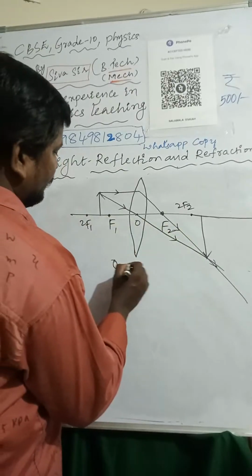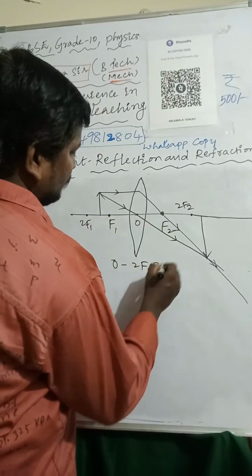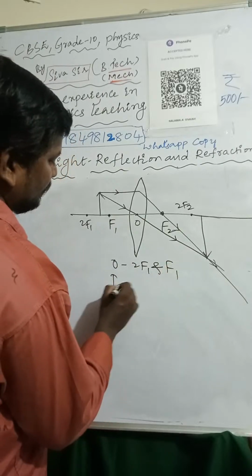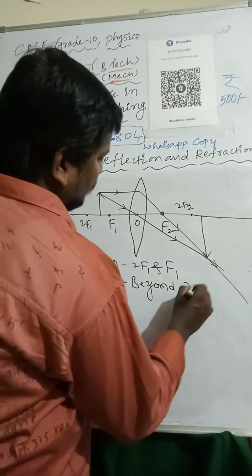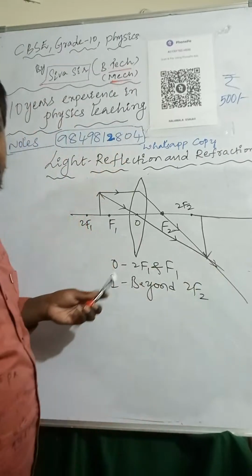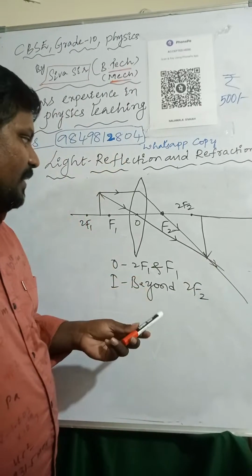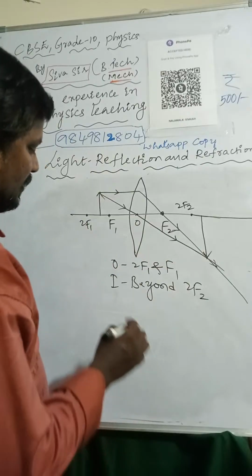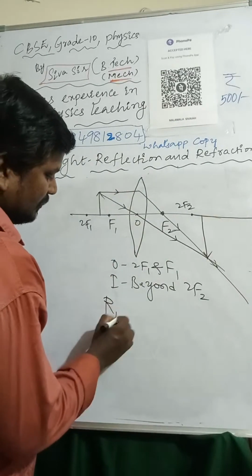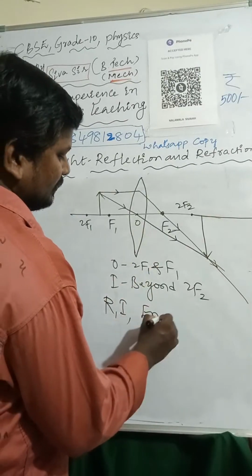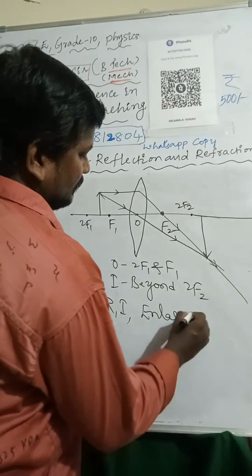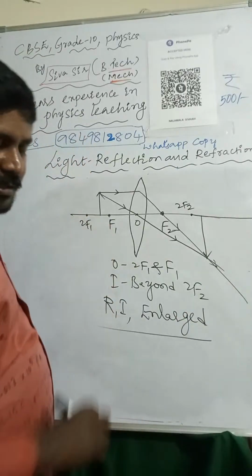Object between 2f1 and f1, the image will form beyond 2f2. What is the nature of the image? The nature of the image is real and inverted, and the size of the image is enlarged.